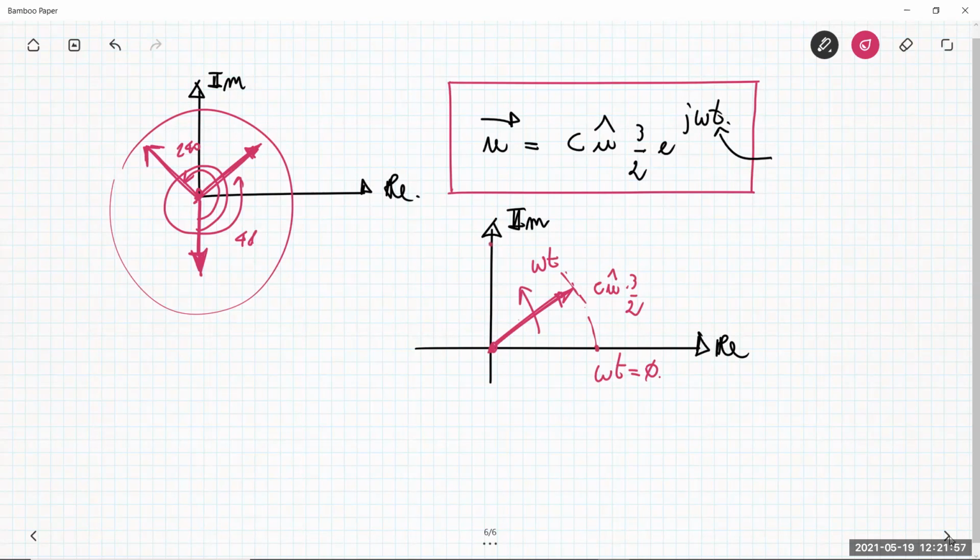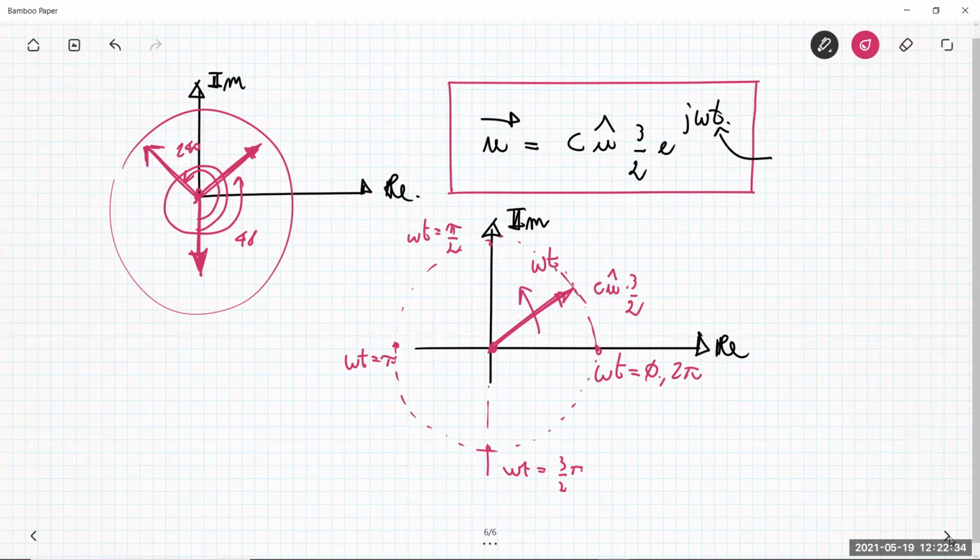When omega t is 90 degrees, you get the pure imaginary vector, and so on. When omega t is pi, you get another, negative real value. When omega t is 3/2 pi, you are here, a negative pure imaginary value, and when you have 2 pi as omega t, you get here.